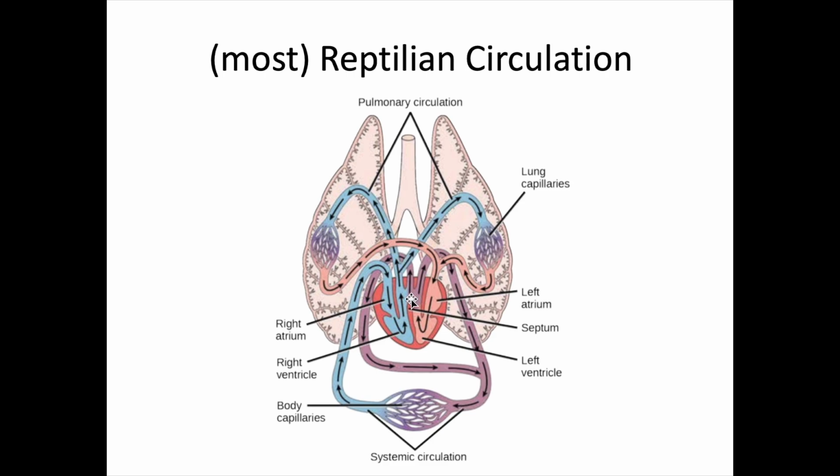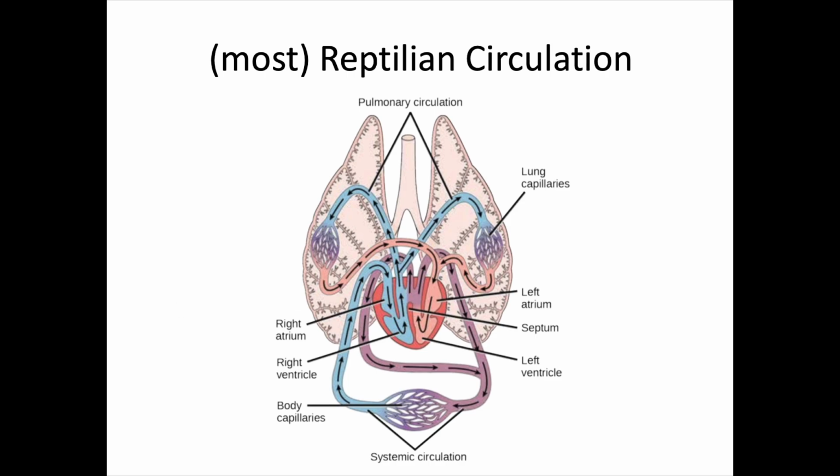And when they mix together, you end up sending deoxygenated blood to the head and body, which is also a waste. It's supposed to be delivering its oxygen, but if it's deoxygenated, it has no oxygen to deliver. So again, this septum tries to divide and sort of minimize this mixing, but this is something that happens.